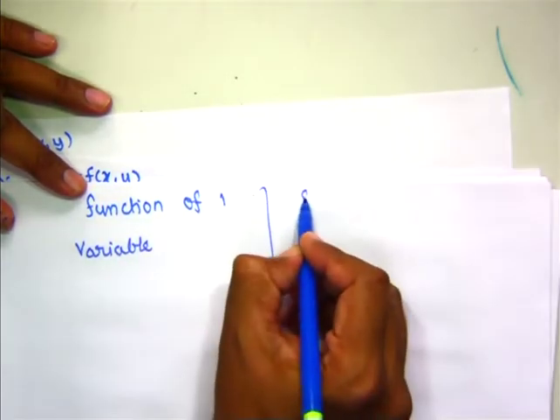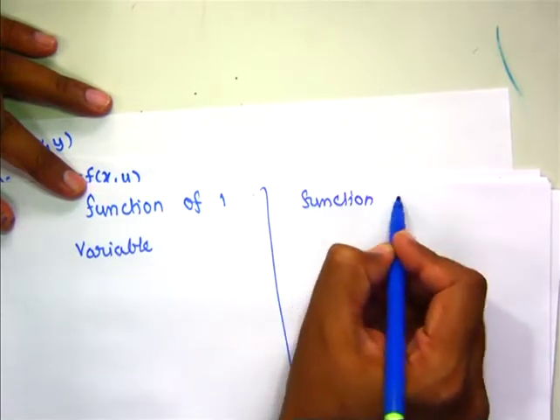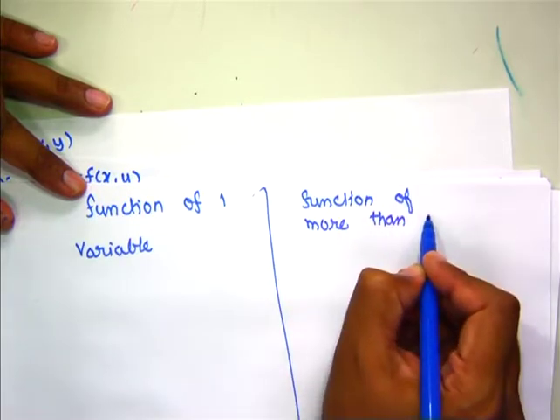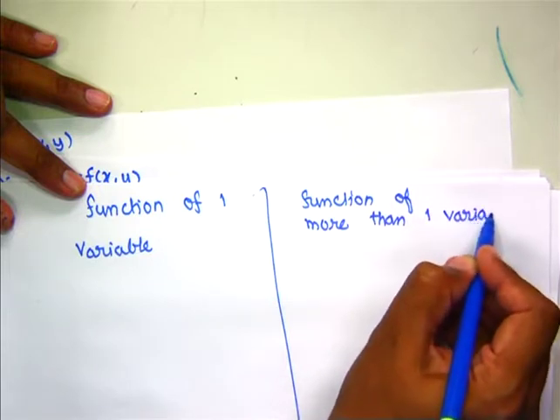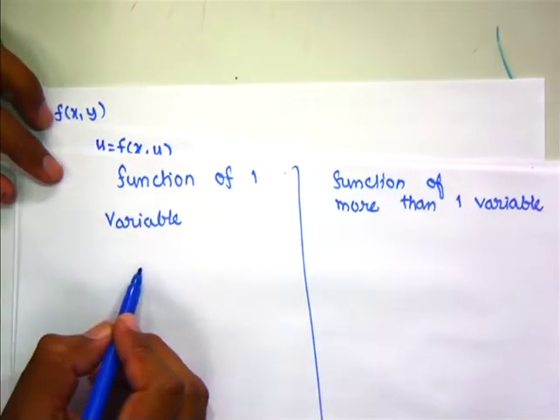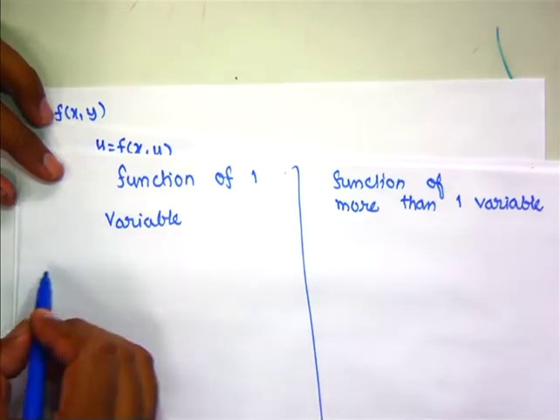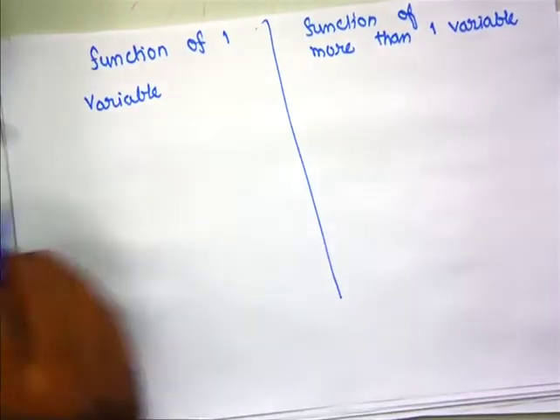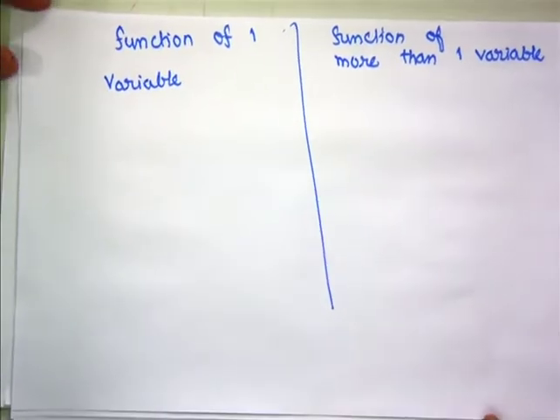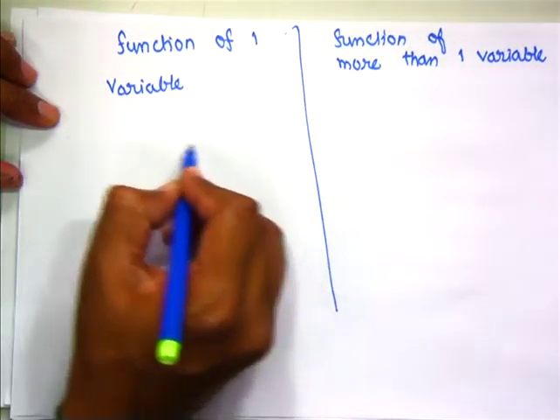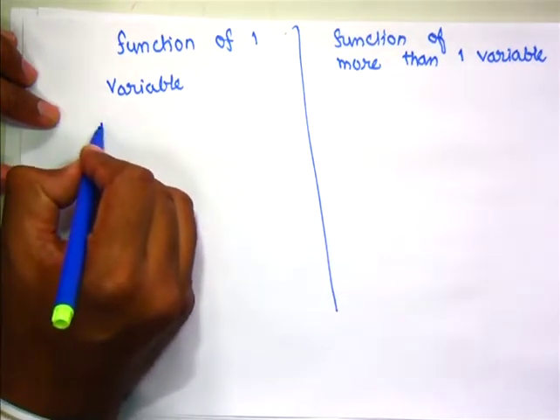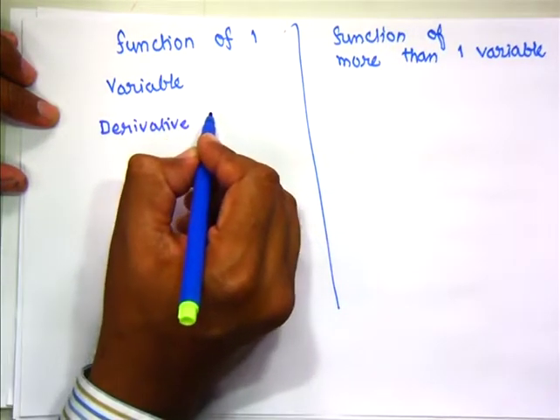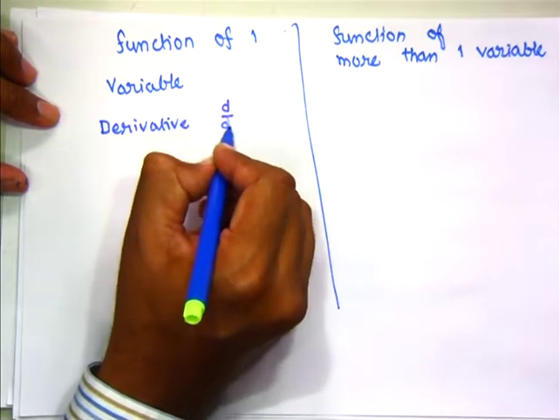And function of more than one variable. If the function of one variable is differentiated, then we call it derivative of the function, and notation is d by dx.